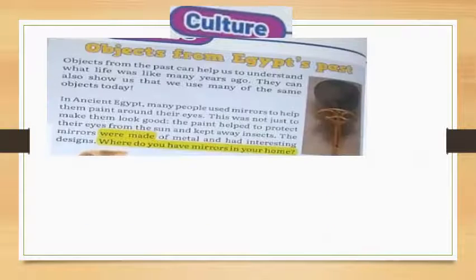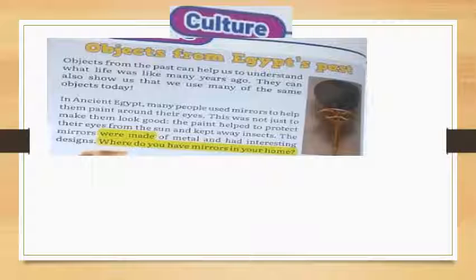Culture. Read with me. Objects from Egypt's past. Objects from the past can help us to understand what life was like many years ago. They can also show us that we use many of the same objects today.